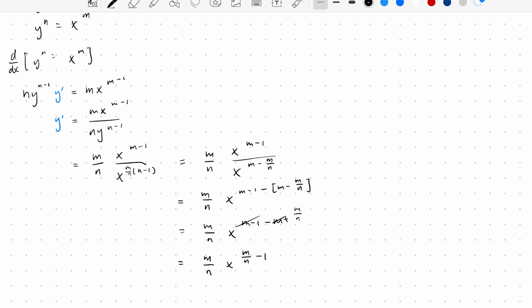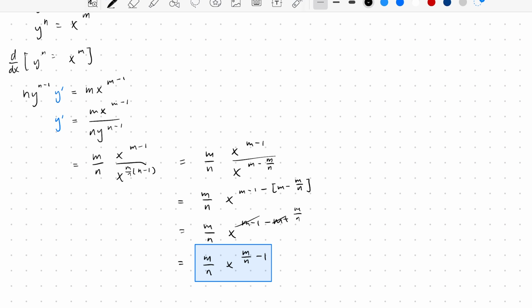And we can see that this is in fact the exact same power rule that we've known since the start. So we've shown that the basic power rule is also true for rational exponents, where again rational numbers can be represented as fractions in terms of integers. And so yeah, that's an application of implicit differentiation in order to find a general formula.